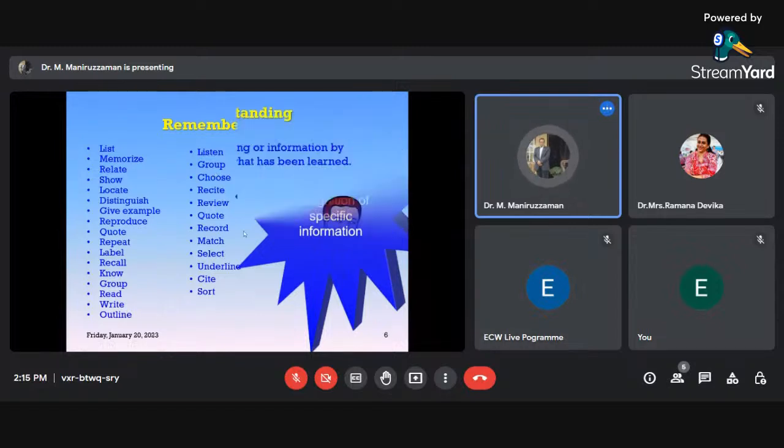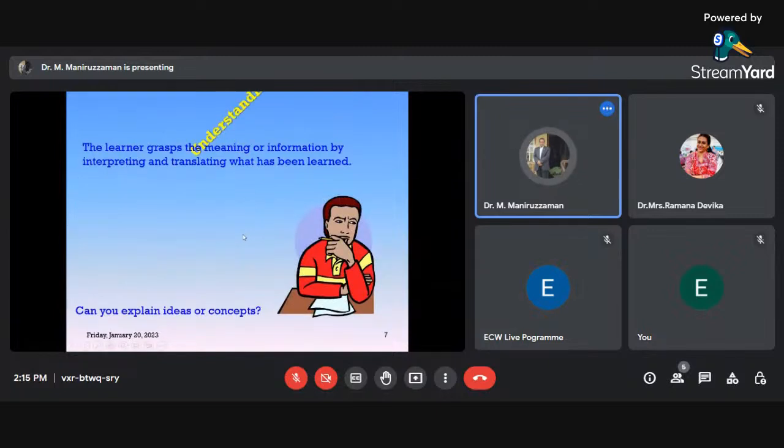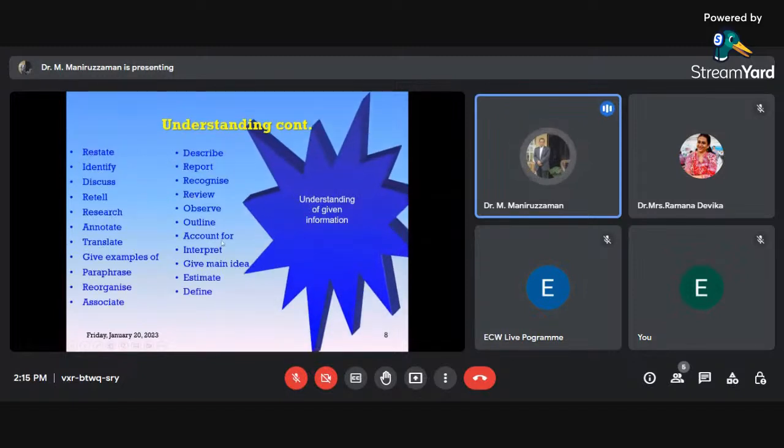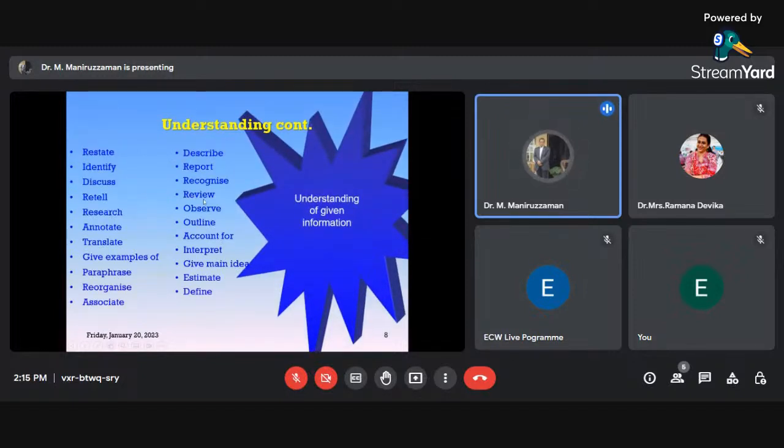Similarly, understanding is consistent with the question, can you explain ideas or concepts? These are the action verbs used for understanding, the second level of learning.